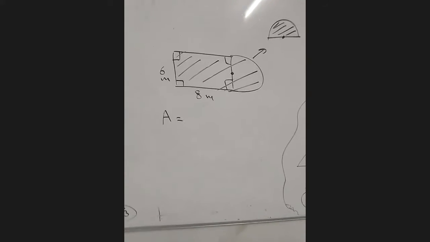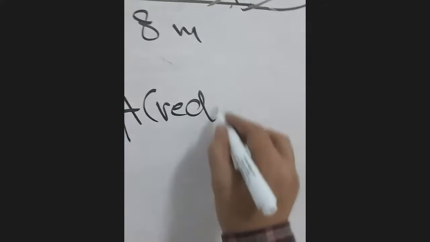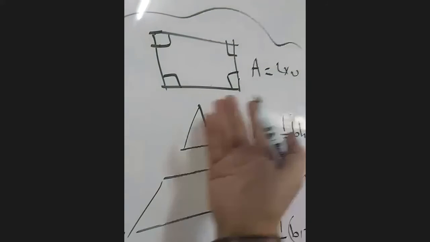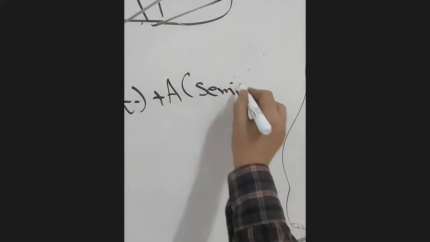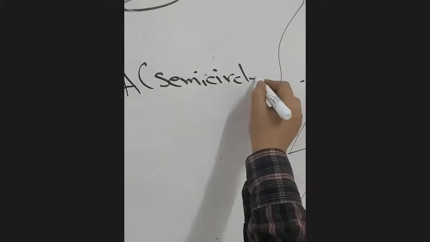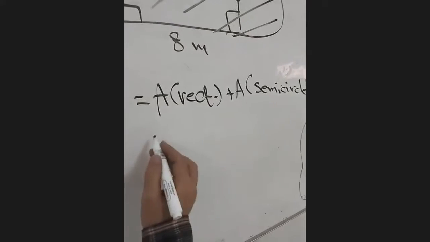Yes. Now, the area is the area of the rectangle, 8 multiply 6, which we know, plus the area of the semicircle. And we took the semicircle in the lesson of the circle. Now, what's the formula of the rectangle?